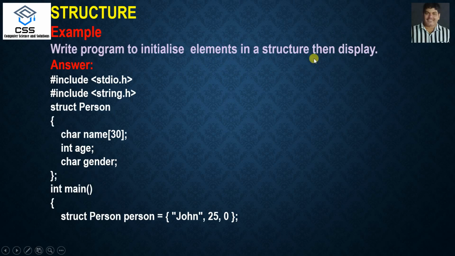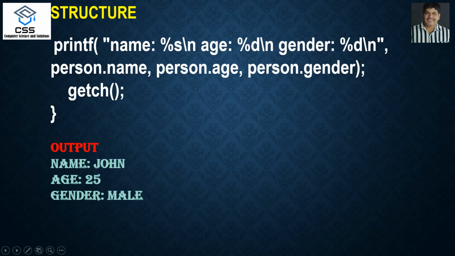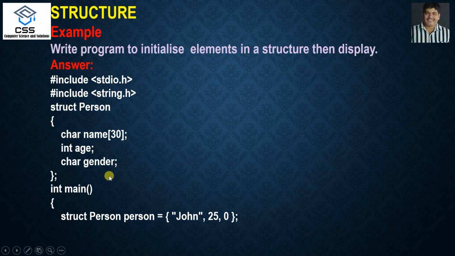Because we have stored the gender as a number, or we can take %c. Name is a string type, person's age is an integer type and person's gender is a character type. You can also place a subscript value here. Otherwise, in a single variable you can take a single character, or with a subscript you can set a set of characters.